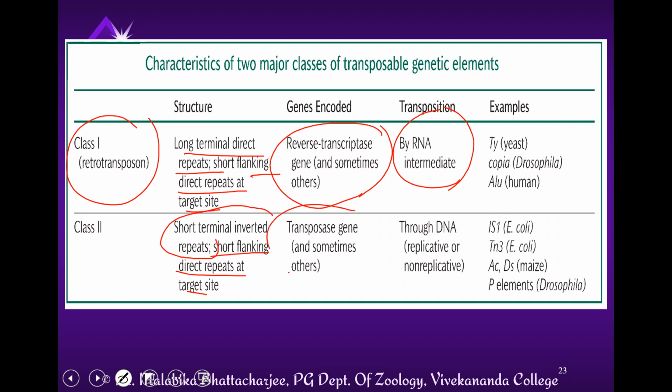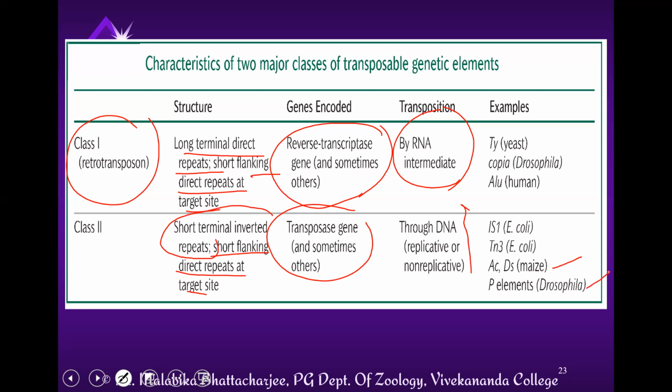The most important gene is a transposase gene, which facilitates the moving out of the mobile DNA. As the process we have studied, transposition occurs through DNA, and one of the best examples that we will be studying, in fact, is the Ac/Ds in maize and P elements in Drosophila.